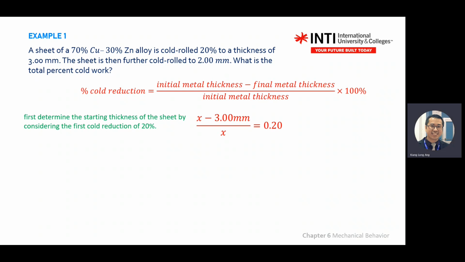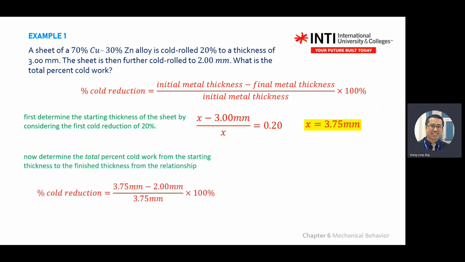So you get X, right? So what is X from this? Okay, so the initial thickness is 3.75. Then you calculate the total, meaning you start from the initial until the end. So you take 3.75 minus the final, which is 2, divided by 3.75. Then you get how many? Okay, 46 point something.